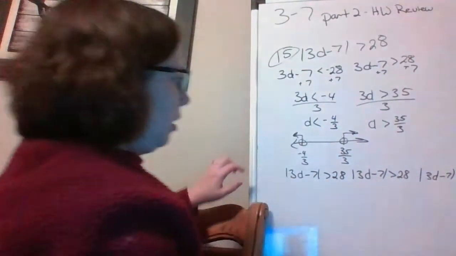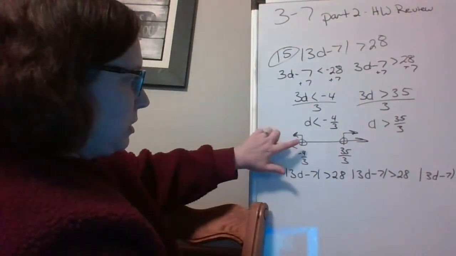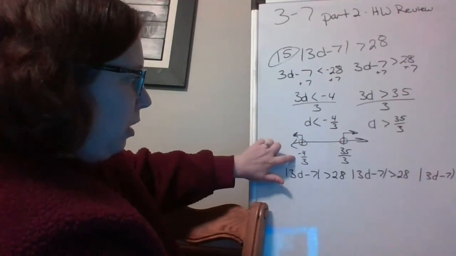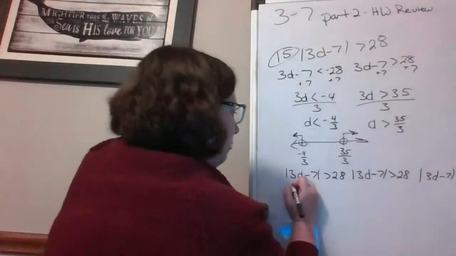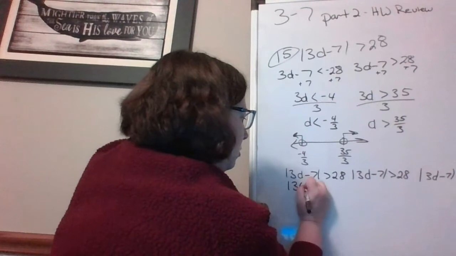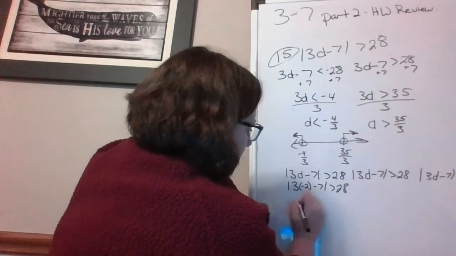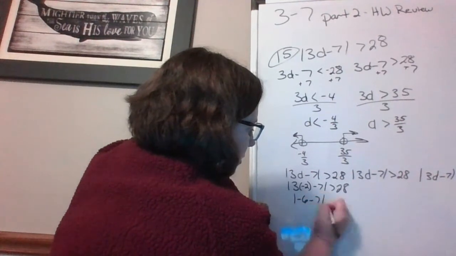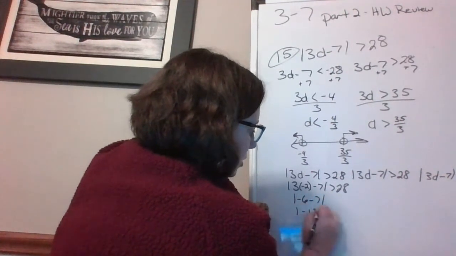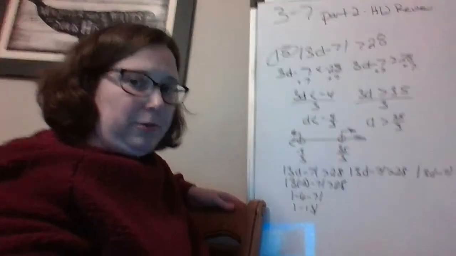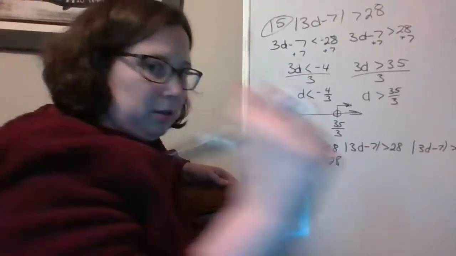So with our first one, we want something that's smaller than -4/3, so we could say -2. And get -6 minus 7, which would be -13. The absolute value of that is 13.